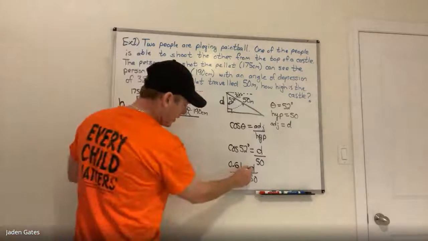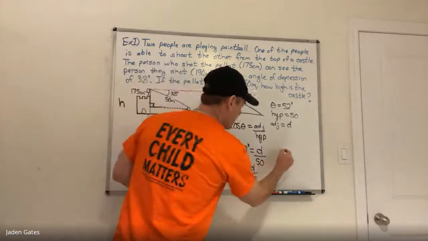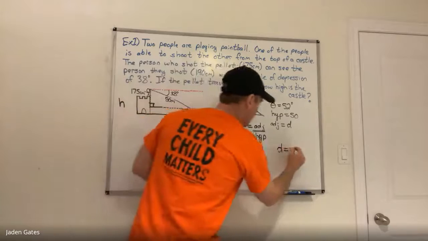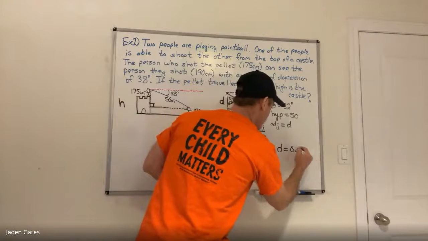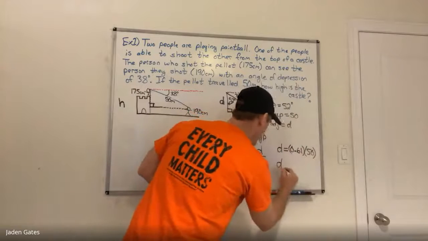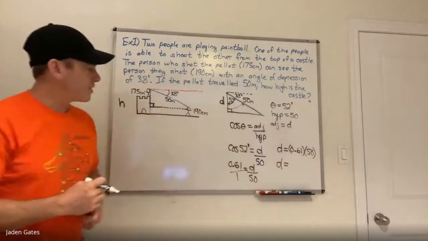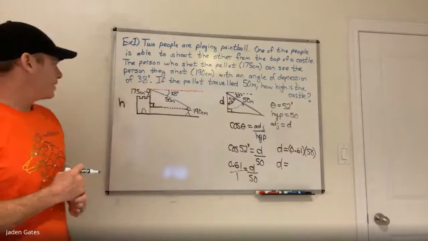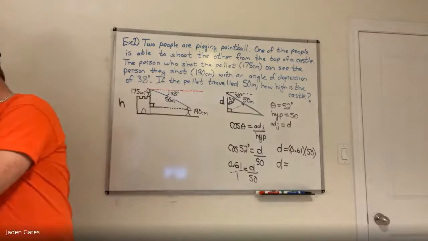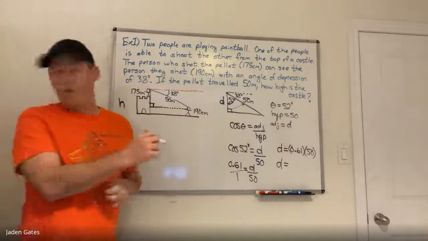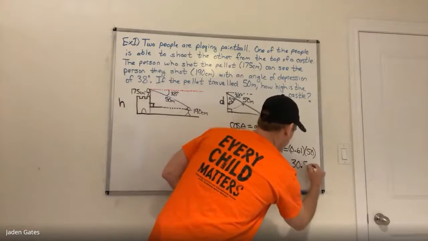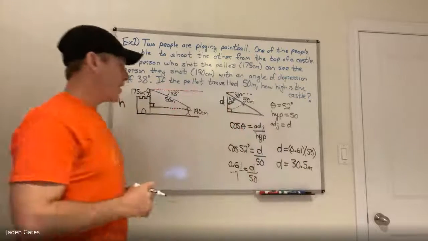So I have D times 1, well, that's just a D, and then I have 0.61 times 50. Now 0.61 times 50 is going to be 30.5. There we go, and that's our distance.